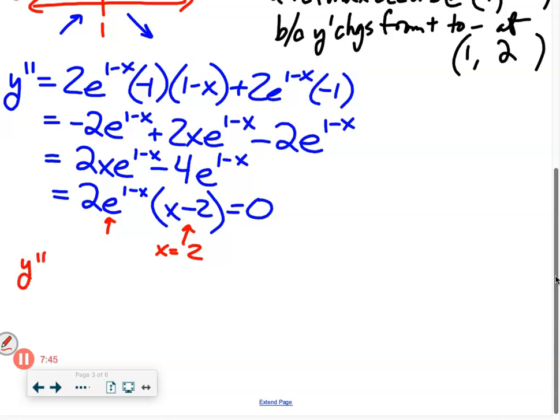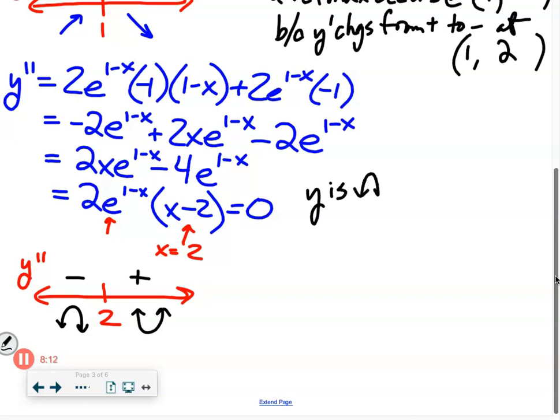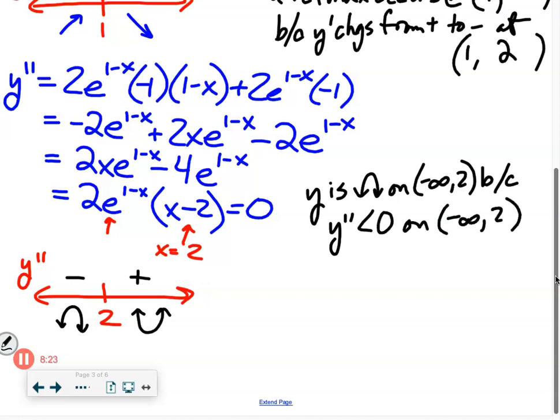So if we make a y double prime sign line at 2, remember this 2e to the 1 minus x is always positive. So if I plug a 0 into my function, I get a negative. If I plug in a 5, I get a positive. My function is concave down and then concave up. So I'm going to write these answers. Y is concave down on negative infinity to 2 because y double prime is negative on negative infinity to 2.